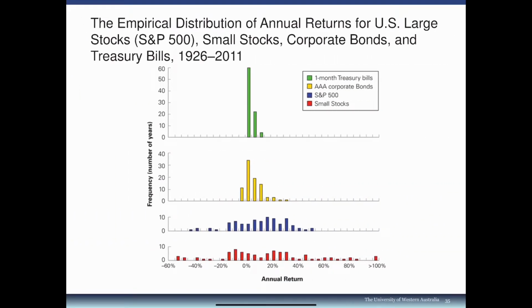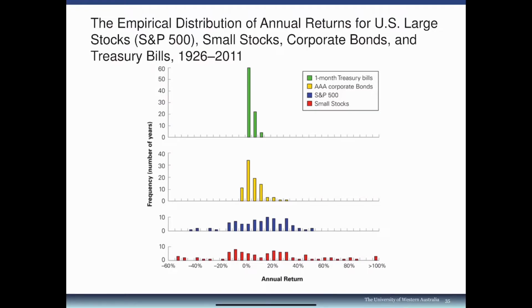So you go ahead and calculate the returns for the S&P 500, for all the small stocks, for all the corporate bonds, and for all the 1 month treasury bills. In this case, you calculate the yearly information between 1926 to 2011. So once you have that, that means I have many different numbers, right?